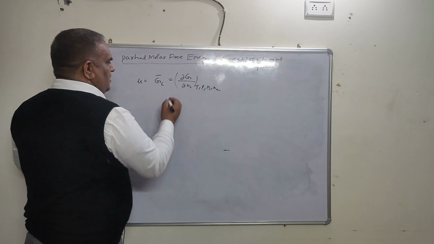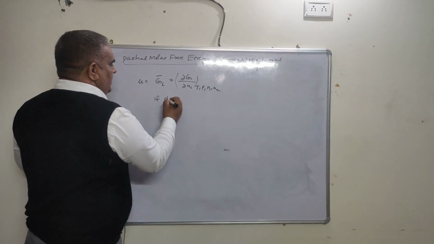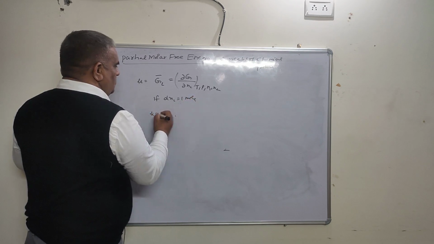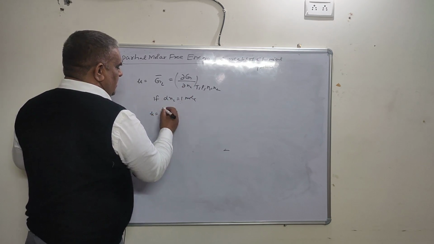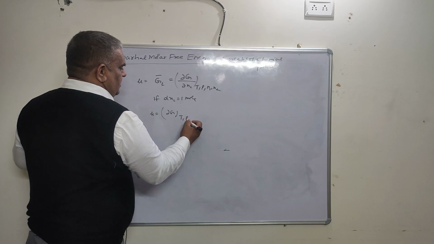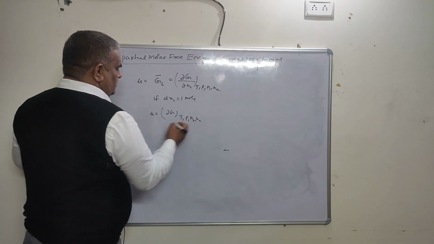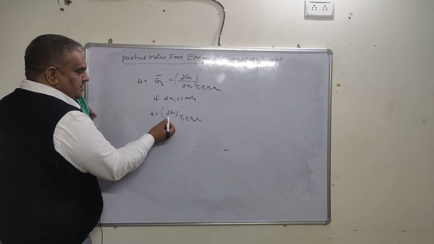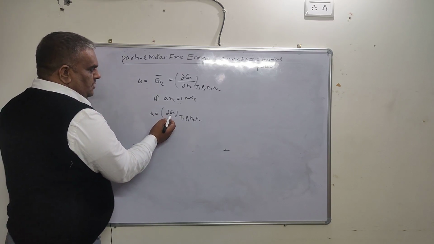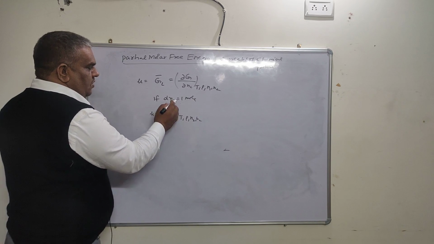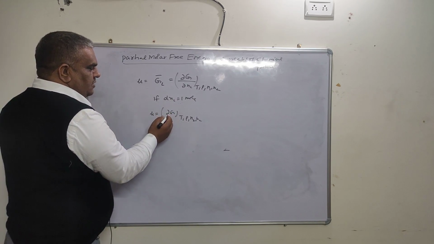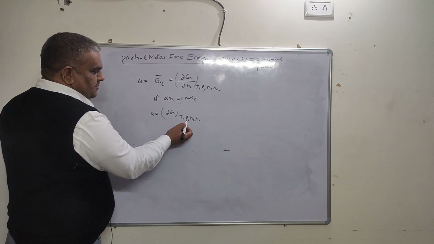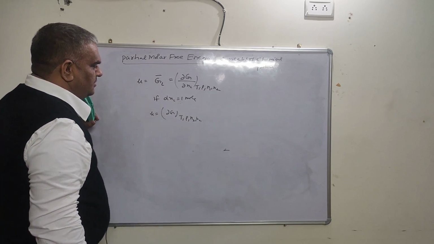If dNi equals 1 mole, then mu equals delta G at constant temperature, pressure and composition of the system. So the chemical potential of a constituent in a mixture is the change in the free energy of the system when 1 mole of the pure component is added to a large quantity, so that there is no appreciable change in temperature, pressure and the composition of the system.